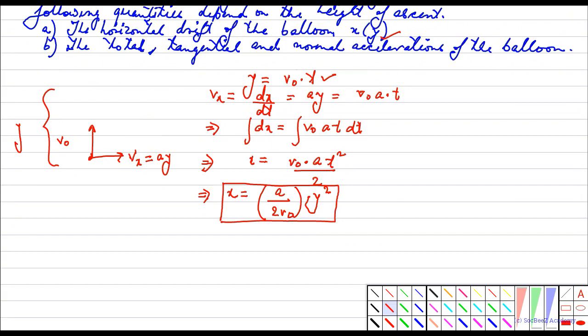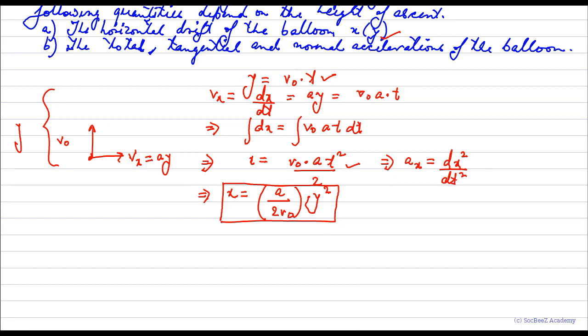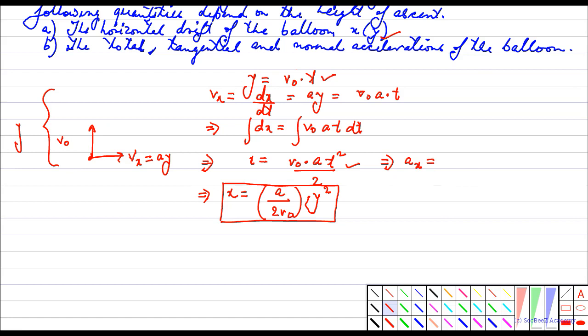So from this expression I can say that the acceleration along the x-axis is going to be the double derivative of x with respect to time, d square x upon dt square.